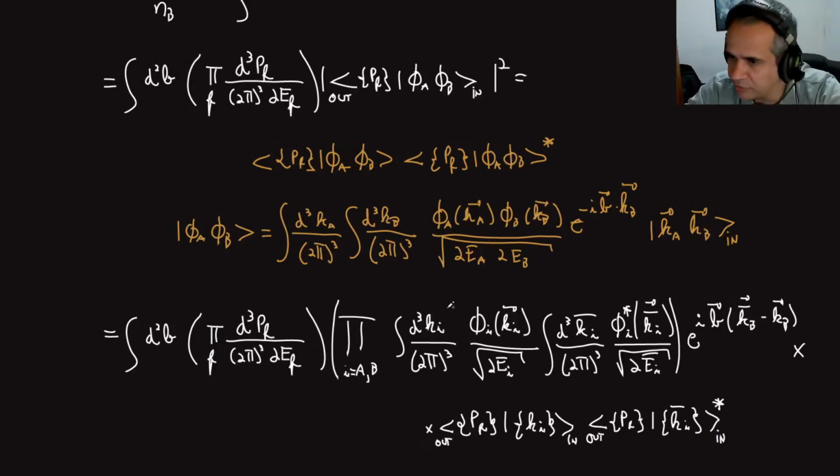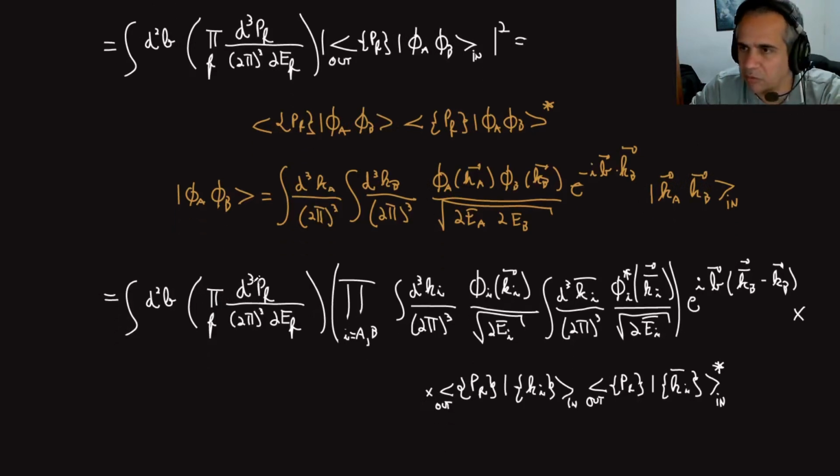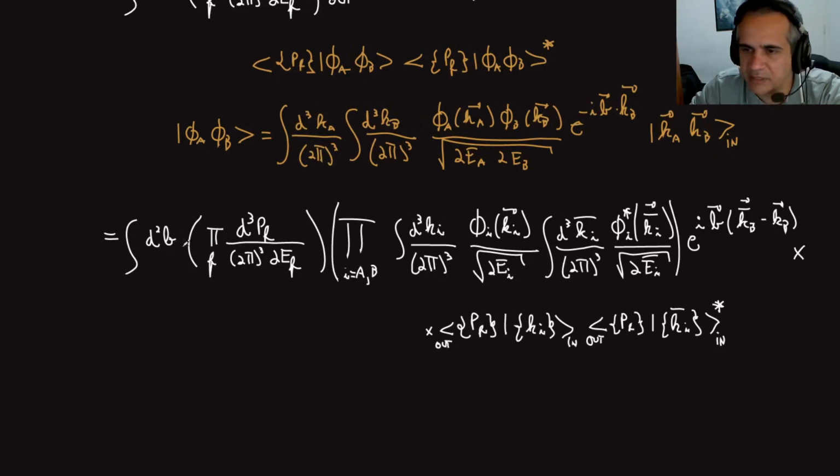So you have four integrals here: over ki, ka, kb, and ka bar and kb bar. These are the four integrals I have to solve in order to make this integral into a more convenient expression, right? The first thing I can do here is to do the integral over the impact parameter, right?